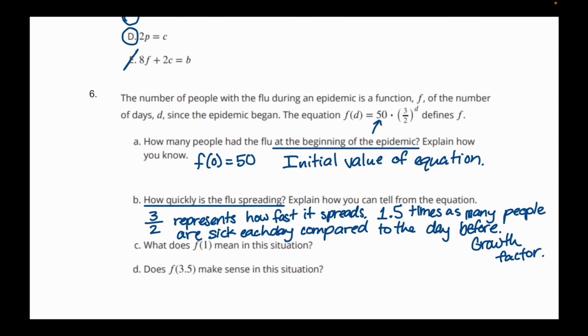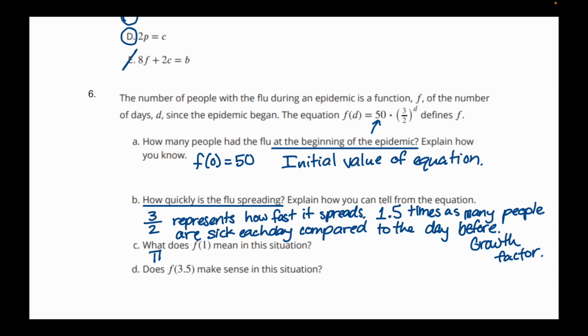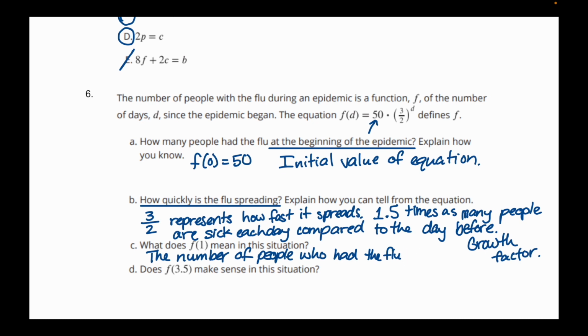Okay, so then parts C and D are just going to ask us a couple things. What does F of 1 mean in this situation? It means the number of people who had the flu, not glue, the flu, after 1 day.